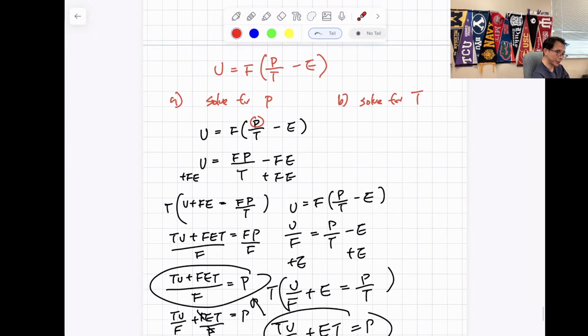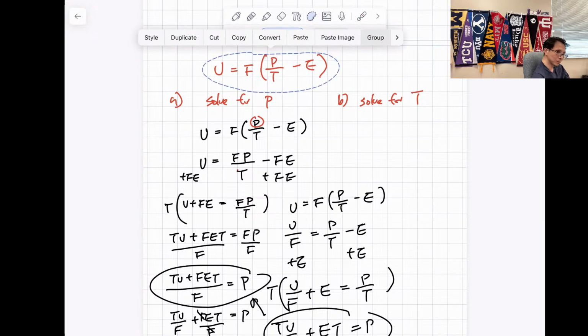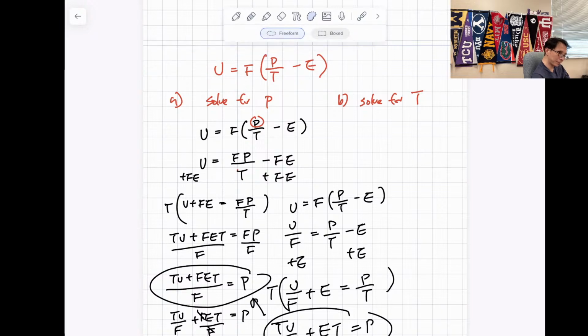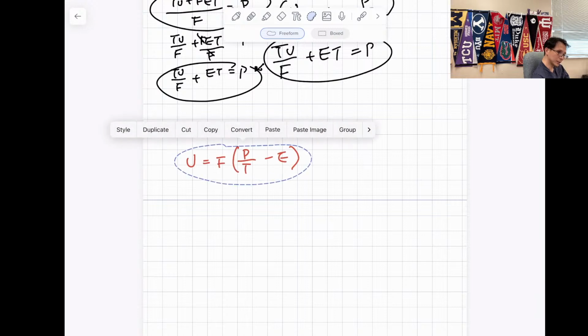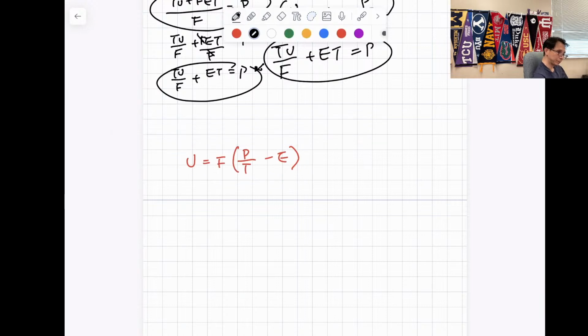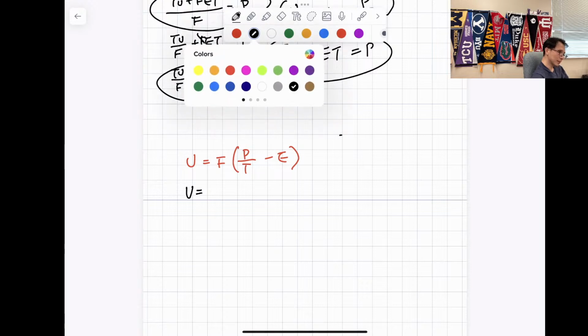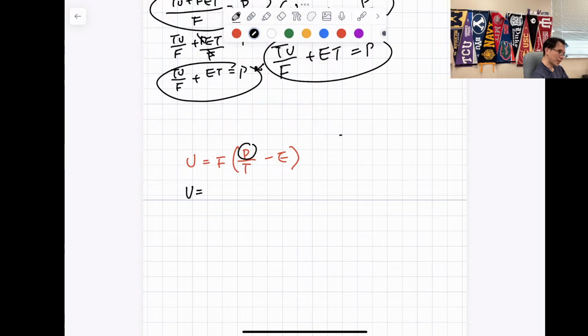Next one's a little bit harder. So we are solving for T this time. Copy. We're solving for T. Again, I'm just going to use the steps I write down because that is very systemized. Systemized means it's really hard to mess up.